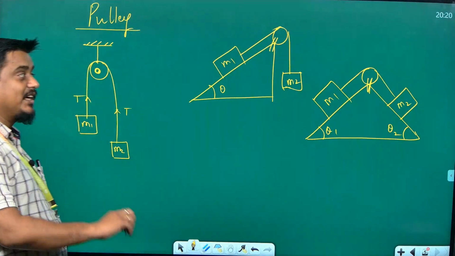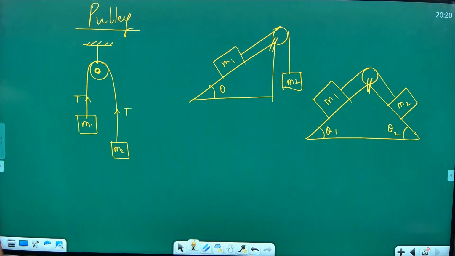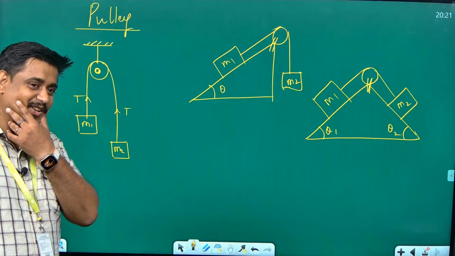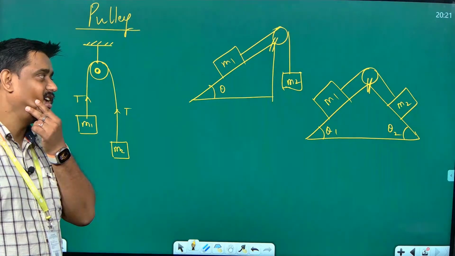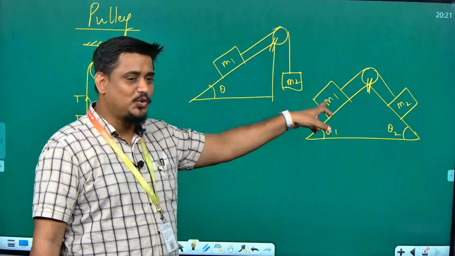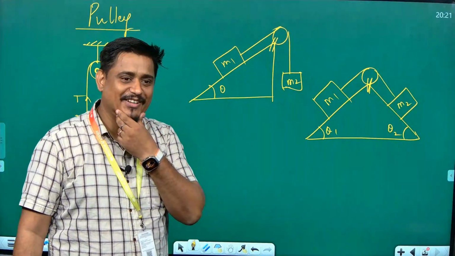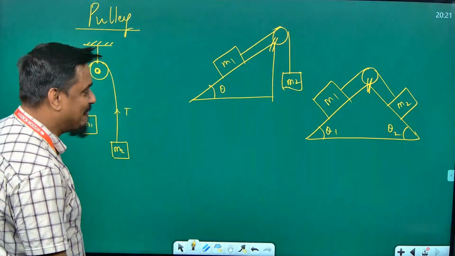Okay, so which theta is more, you will decide? How does theta play a role, I am asking you. Where the theta is more, it will go that side. So here 30 degrees, 2 kg, here 60 degrees, 4 kg. Where will the mass go? I don't know. Okay, fine.